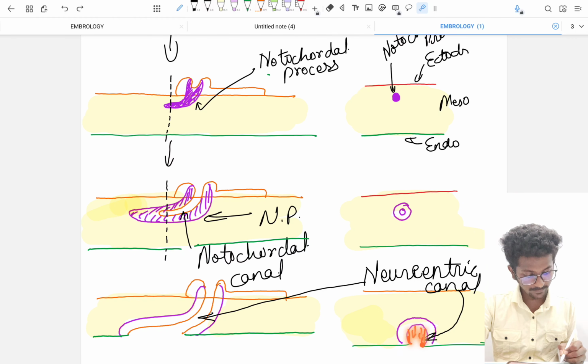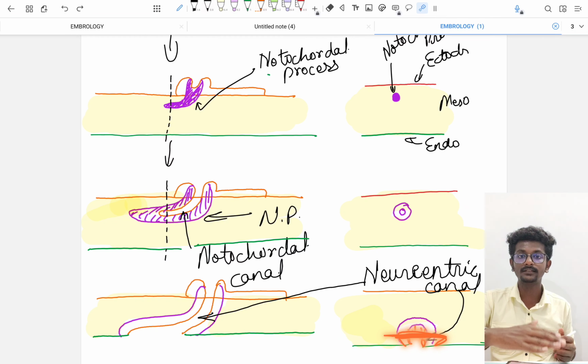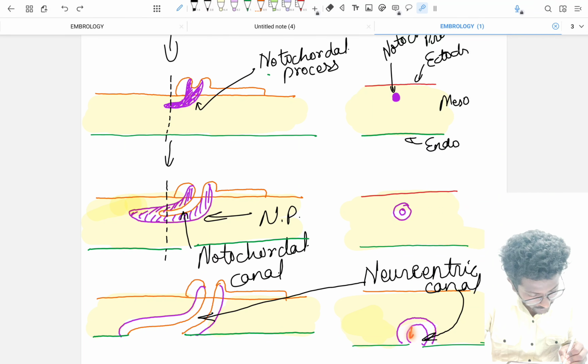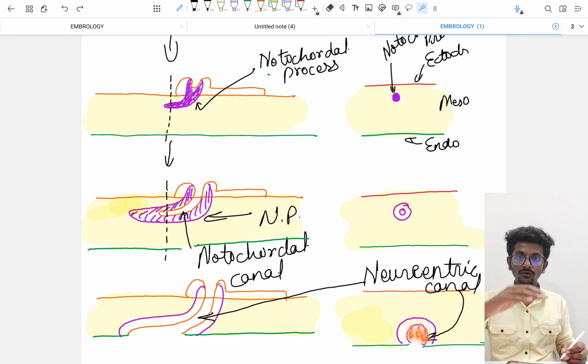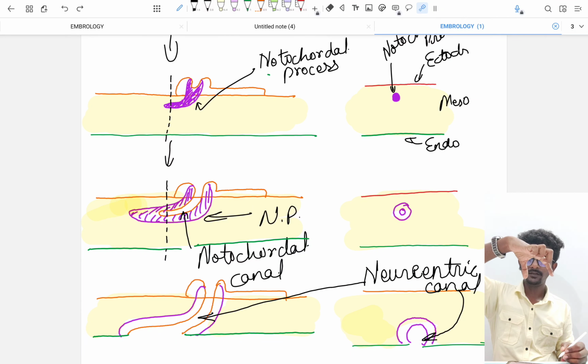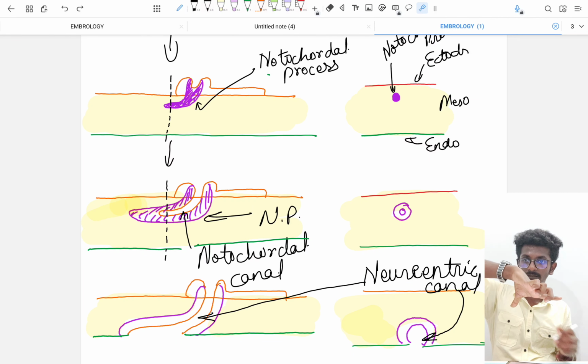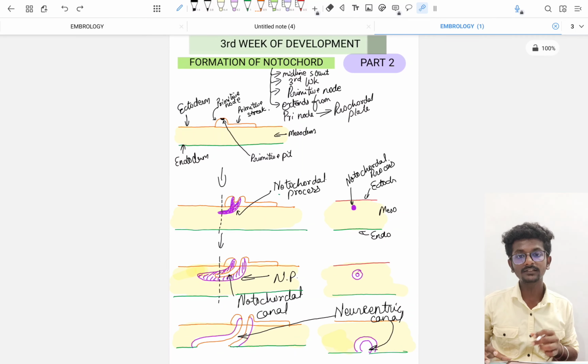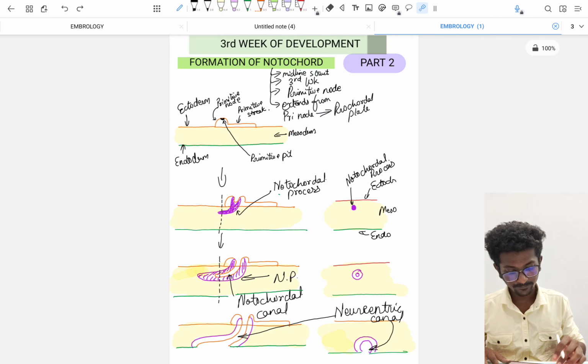It will go deeper like this, and it will form a flat like structure over there. First it was like this, now it will become deeper. First it was rounded, now it becomes a flat like structure, and that is called the notochordal plate.